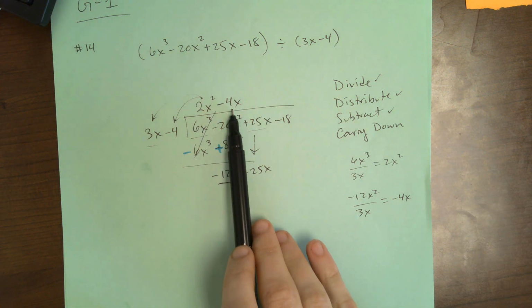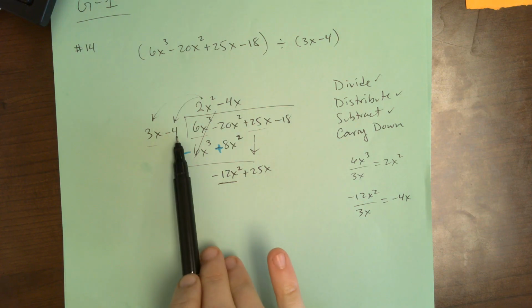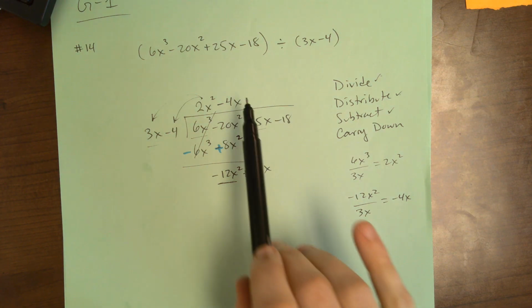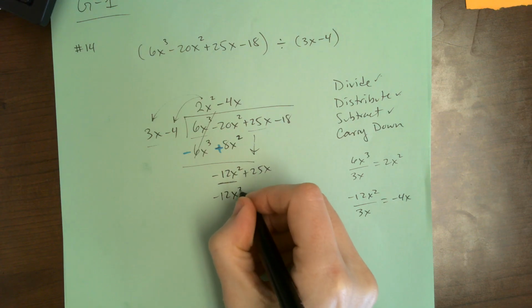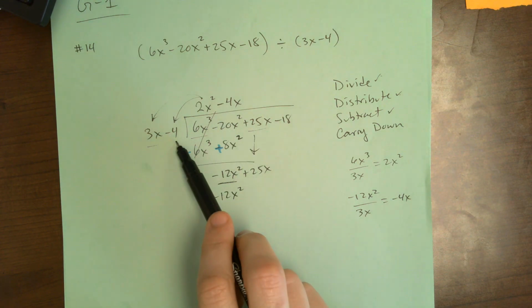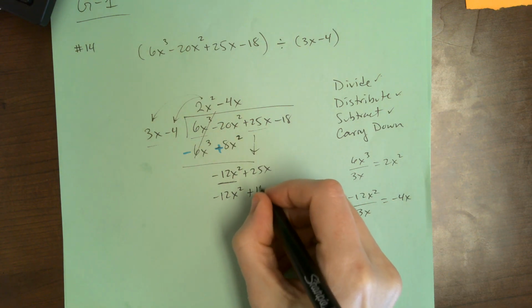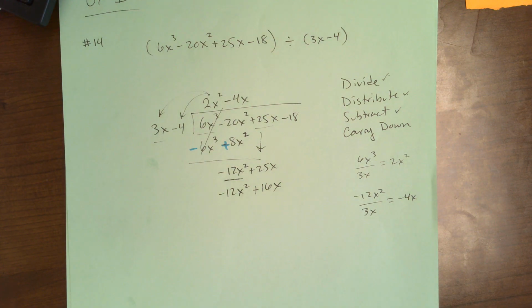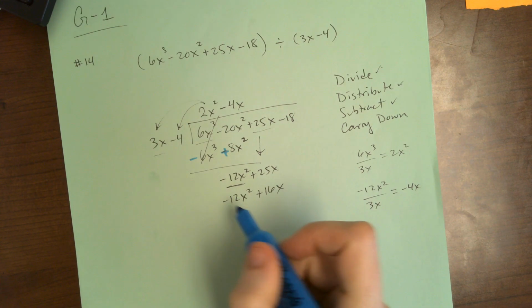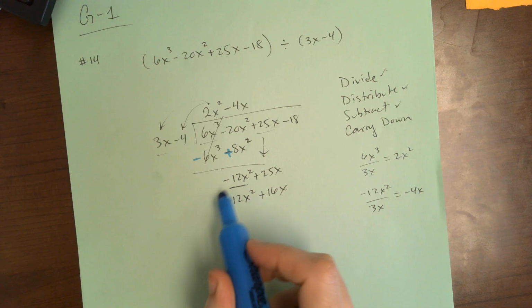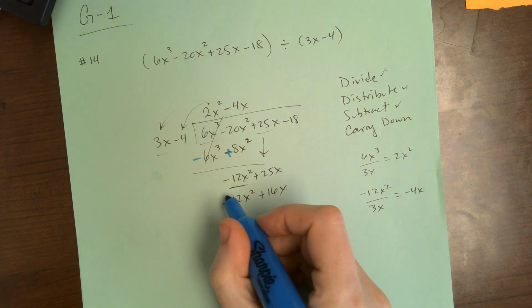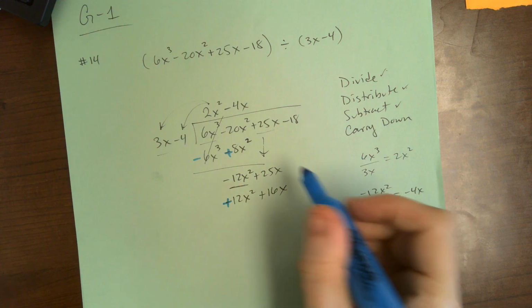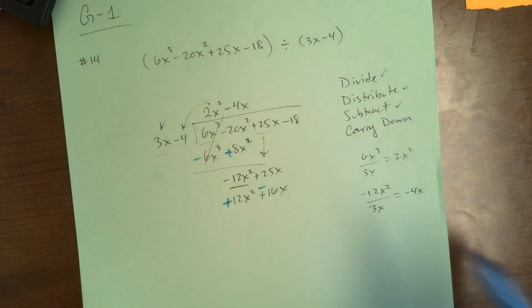And then I distribute this term to what I'm dividing by. So this times that. This times that. Now I'm subtracting. Imagine a minus and then parentheses, and if you distribute the negative, that's going to be a plus, and now that's a minus.